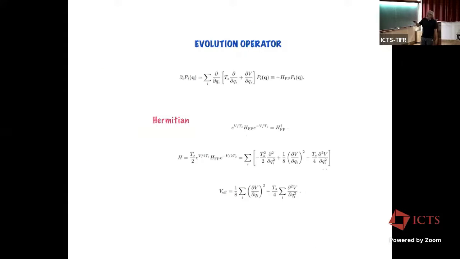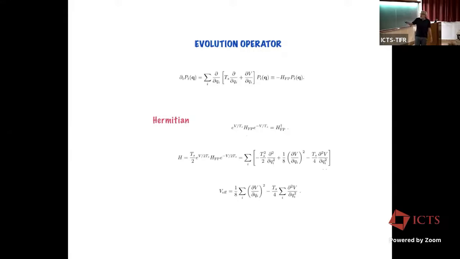So the evolution operator: remember that we had this Langevin equation that defined our glass. As you know, from a Langevin equation you derive a Fokker-Planck equation, which describes the evolution of probability associated with this potential. Here is the glass energy, V. And I think most of you know that when you have a Fokker-Planck operator, you can take it to a Hermitian form.